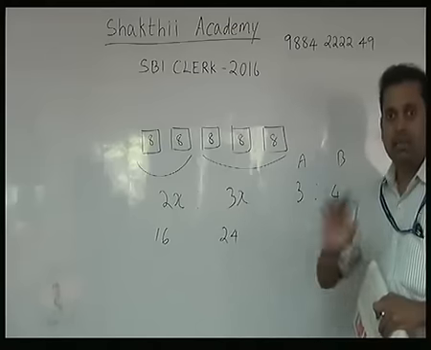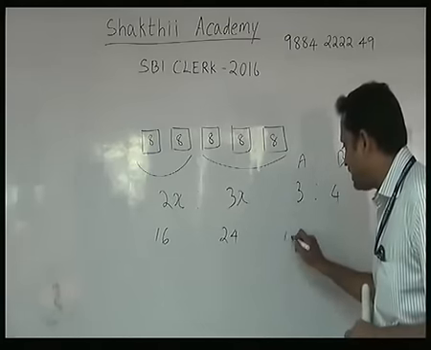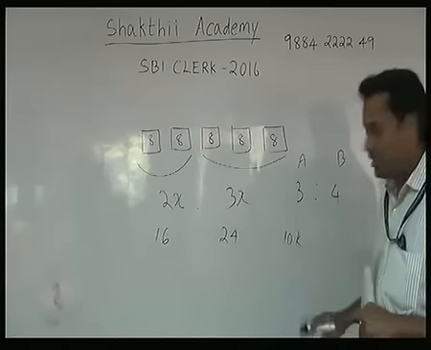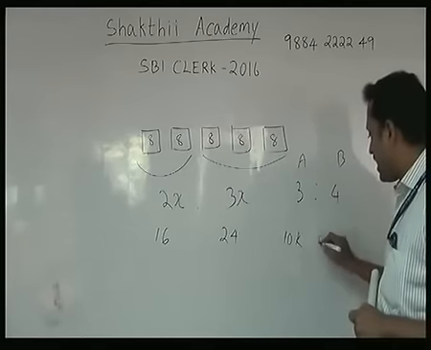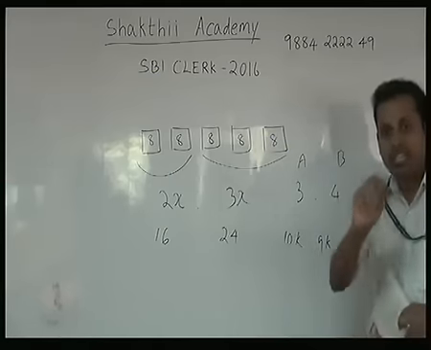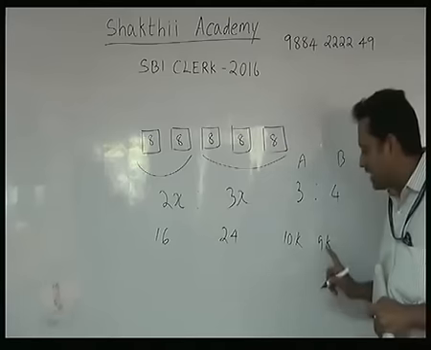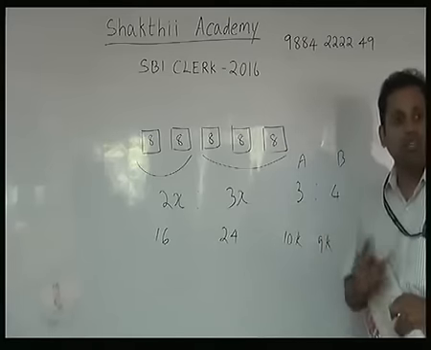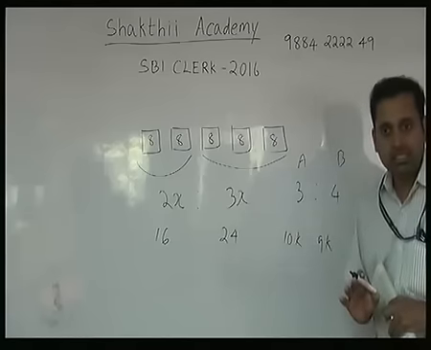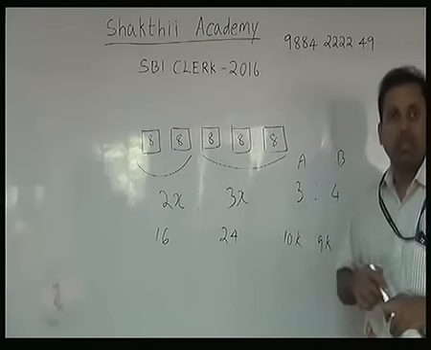Suppose it is given that A salary is 10,000 or A salary is 9,000. Among these two values, which is the A salary? 9,000, because 9,000 is divisible by what value? 3.